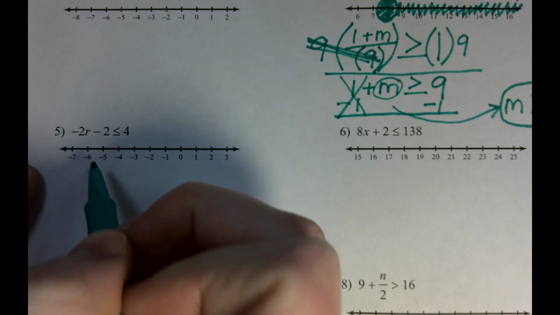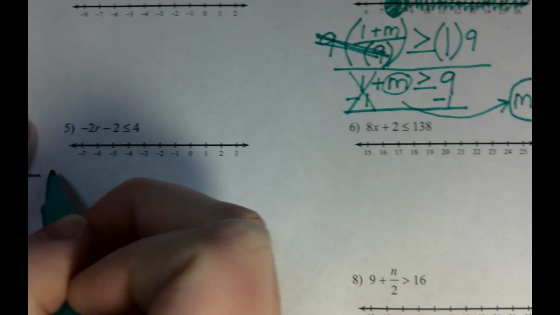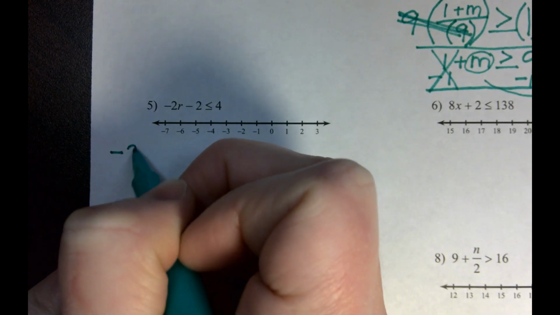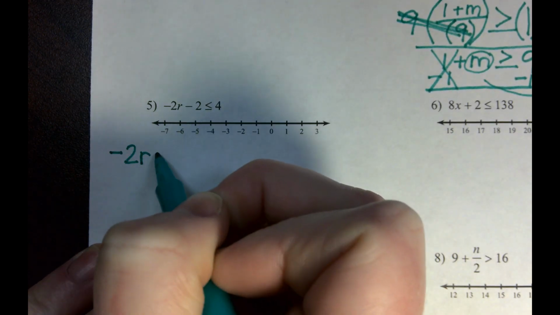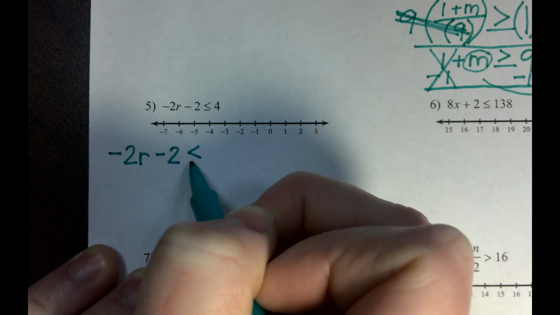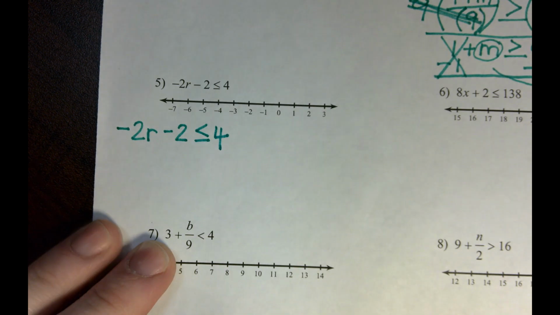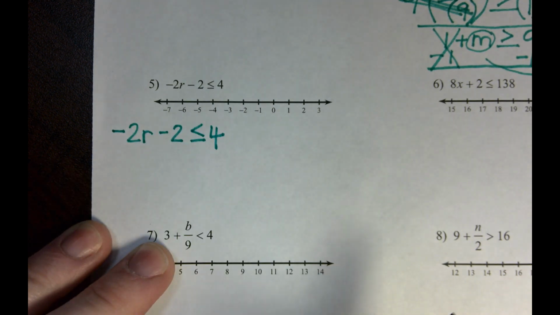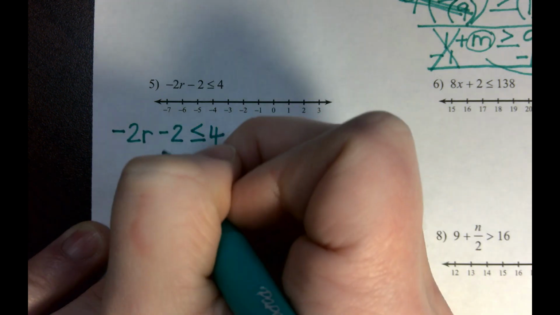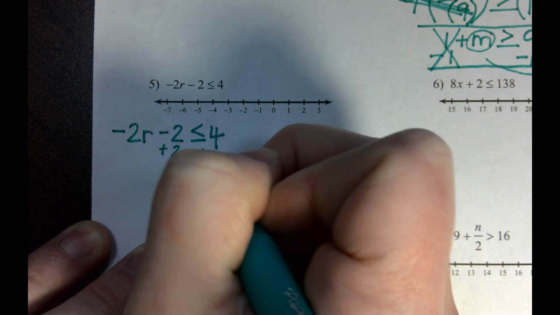Let's see. I'm going to rewrite this problem. We have negative 2r minus 2 is less than or equal to 4. So what would my first step be? To add 2 to both sides.